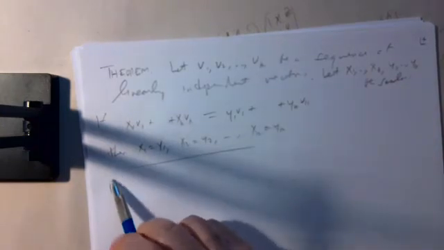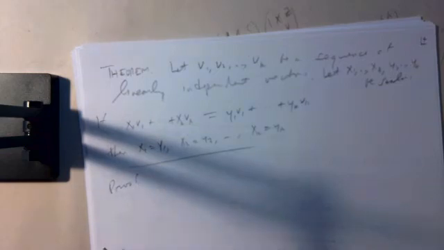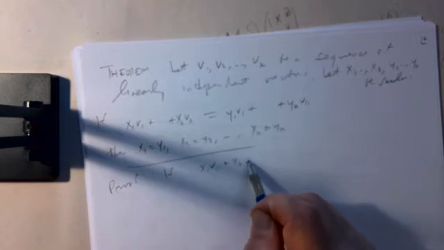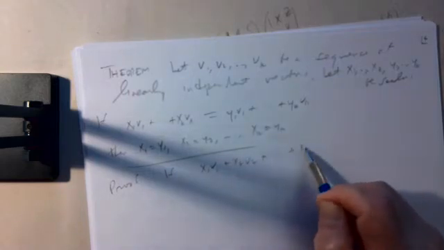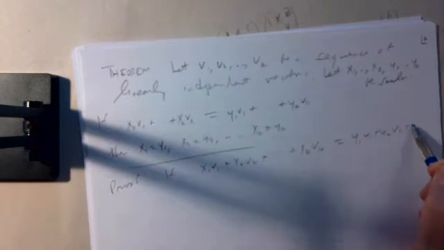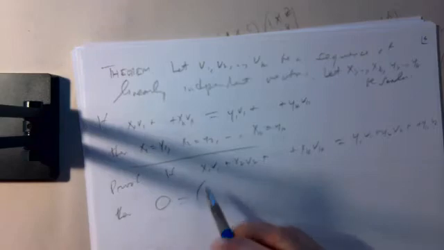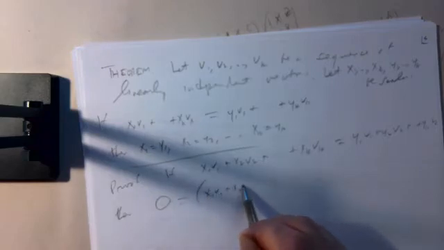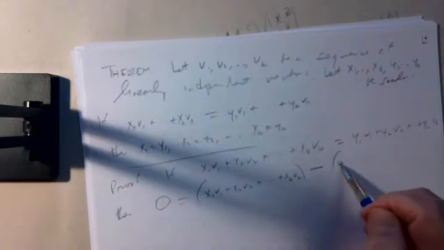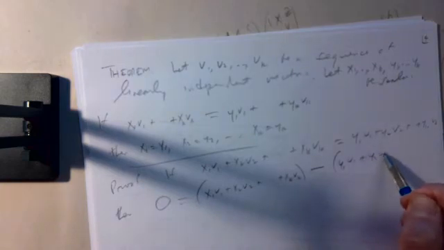And the proof is straightforward. If you have x1 v1 plus x2 v2 up to xk vk equal to y1 v1 plus y2 v2 up to yk vk, if two things are equal, then when you subtract them, you get 0. 0 is x1 v1 plus x2 v2 up to xk vk minus y1 v1 plus y2 v2 plus yk vk.